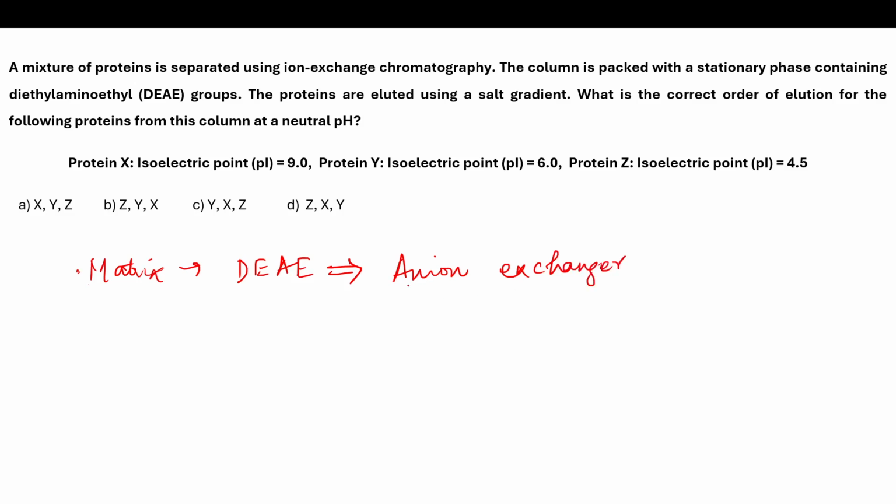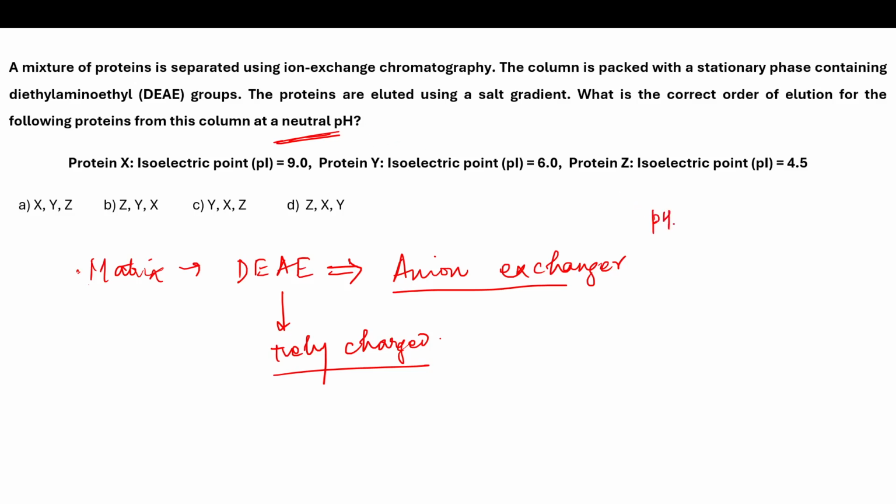So if something is an anion exchanger, that means the matrix itself is positively charged, which will bind to negatively charged constituents of the sample that is loaded onto the column. Now, the isoelectric points of all these proteins are given, and it has been said that the pH is neutral.